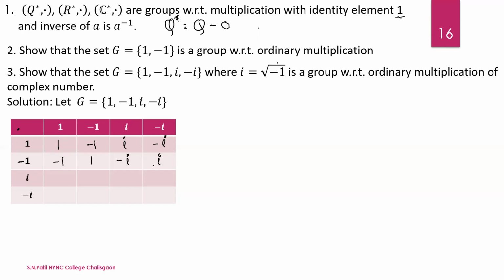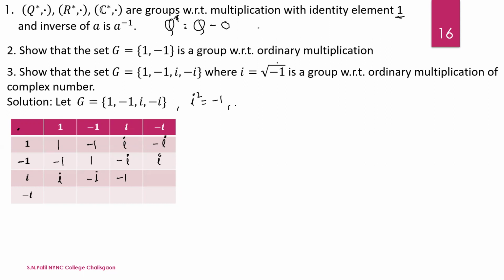Okay. Now next, I into 1, that is I. I into minus 1, minus I. I into I is I square, which is minus 1. See here, if we square I, we get minus 1. Now I into minus I is minus I square.